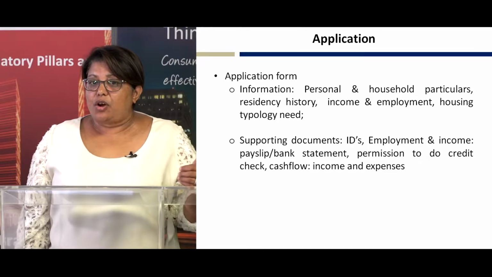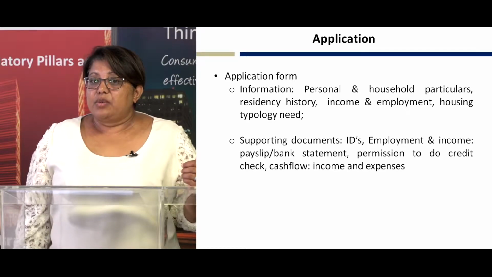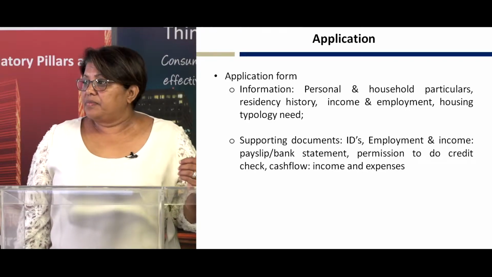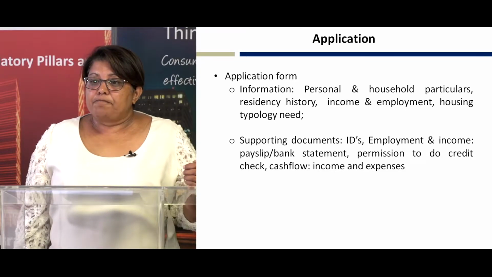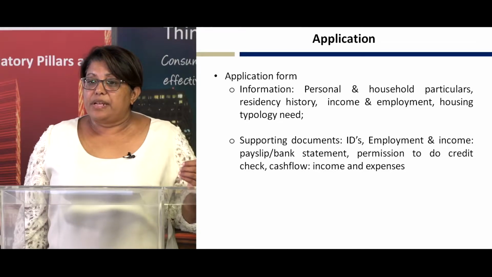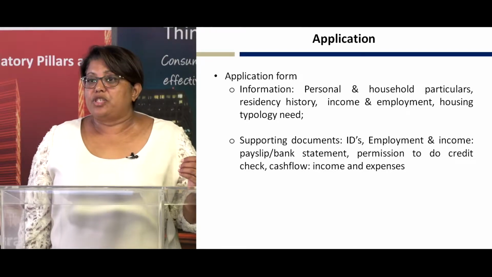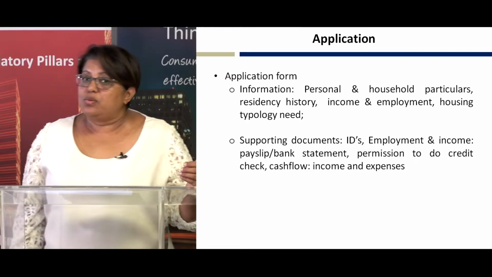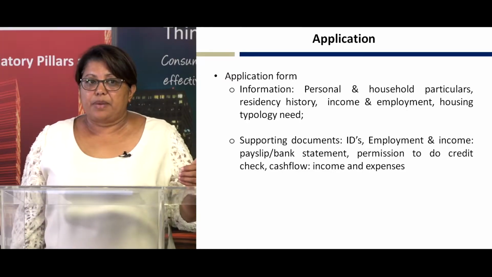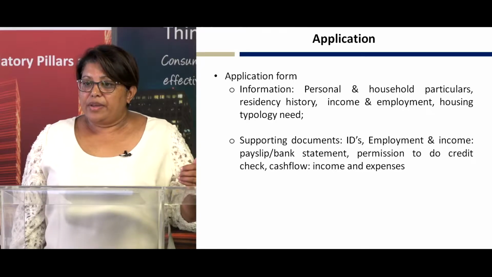So the supporting documents would then include IDs of the household. It would include a payslip. It would include potentially a bank statement. You would also then ask the applicant to complete a form that gives you permission to do a credit check, and you may then proceed to the stage where you do an income and expenses with them.